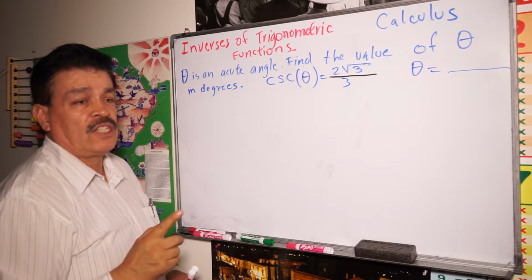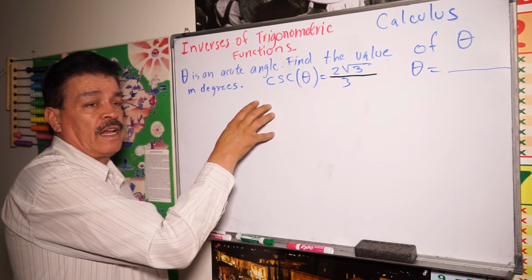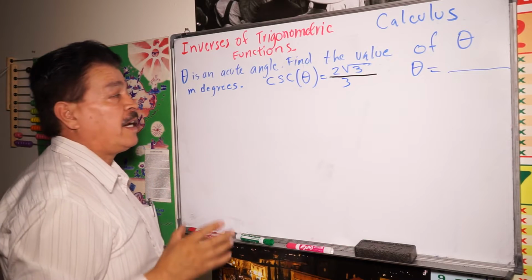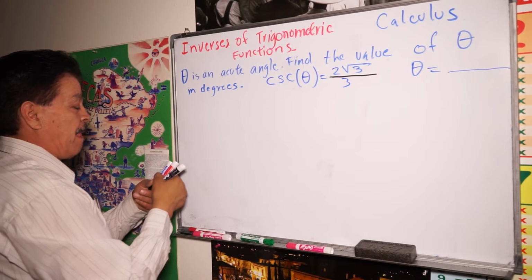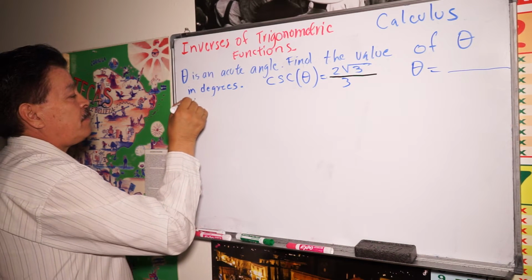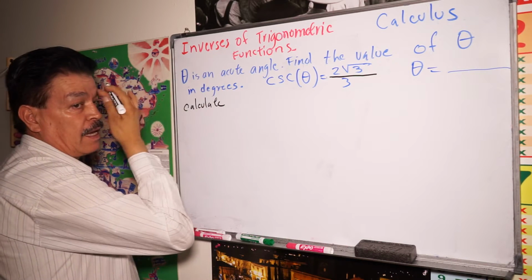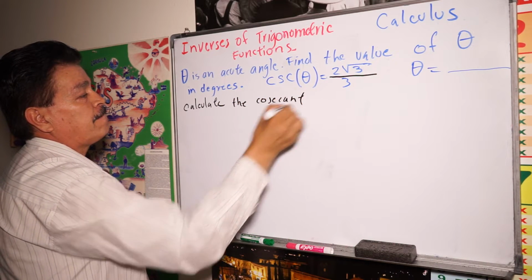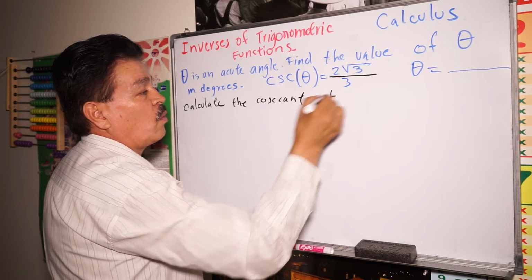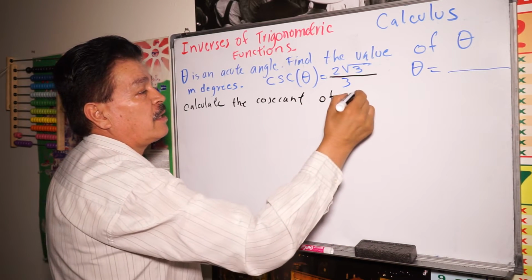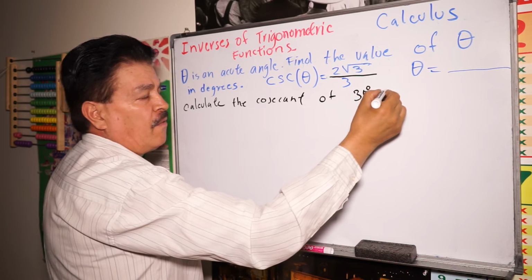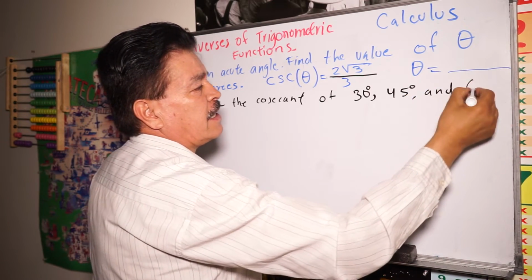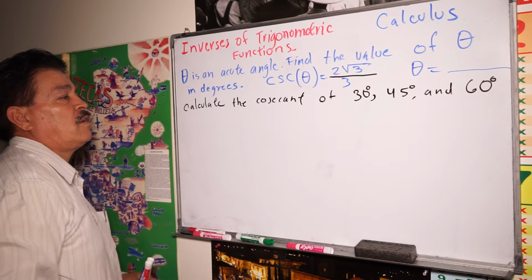You can use the definition of the cosecant and the triangles to calculate the cosecant of which angles? 30 degrees, 45 degrees, and 60 degrees. This is very important.